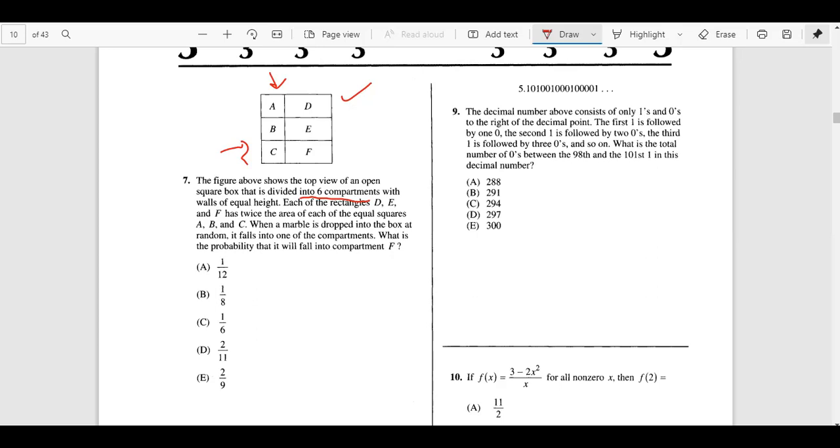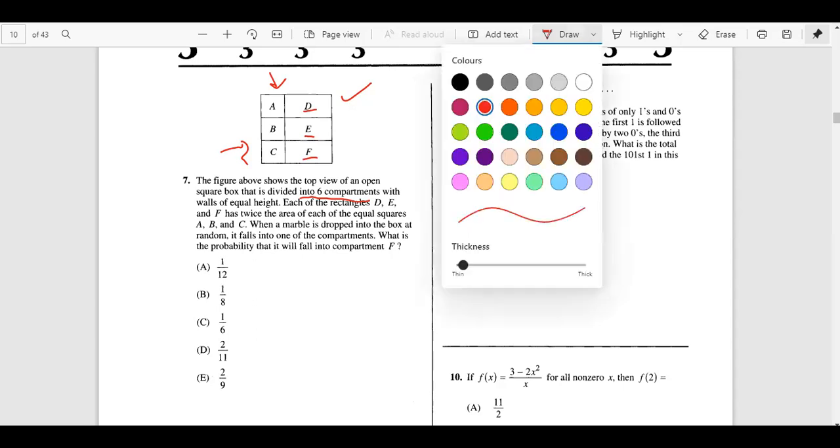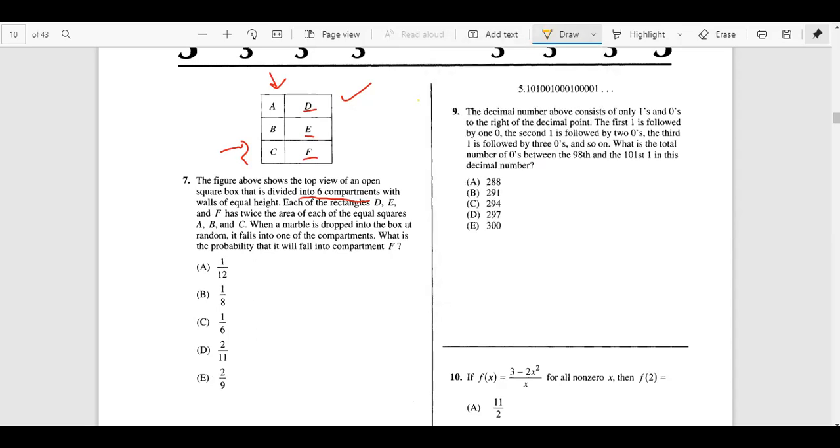Each of the rectangles D, E, F has twice the area of each of the equal squares A, B, C. So basically what they are saying is that DEF is twice the area of ABC.